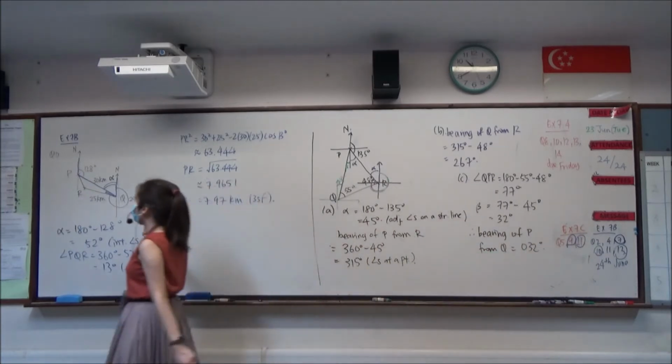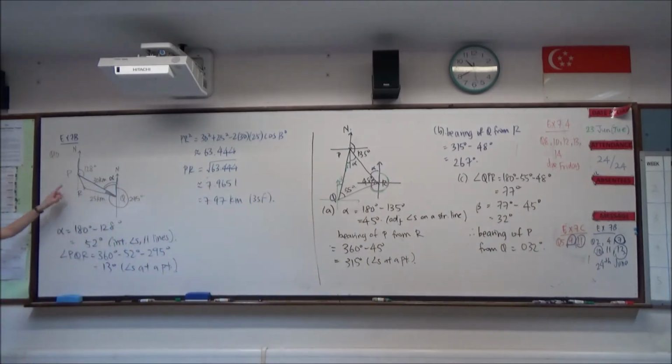Whereas for exercise 7b question 10, there is no variation because it is already fixed. They told you how P and Q are related, and specifically they told you how the third point R relates to Q. There is no way for us to have another situation where R can be placed elsewhere such that it still has a bearing of 295 degrees.